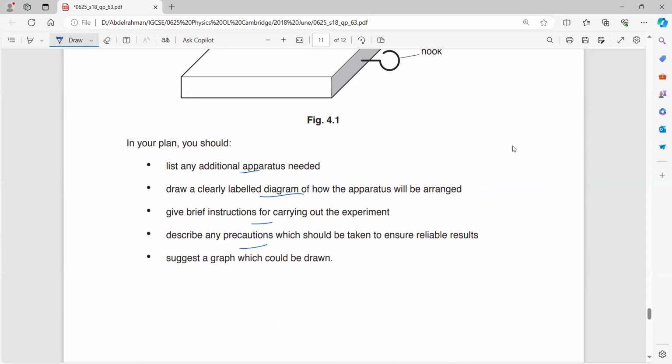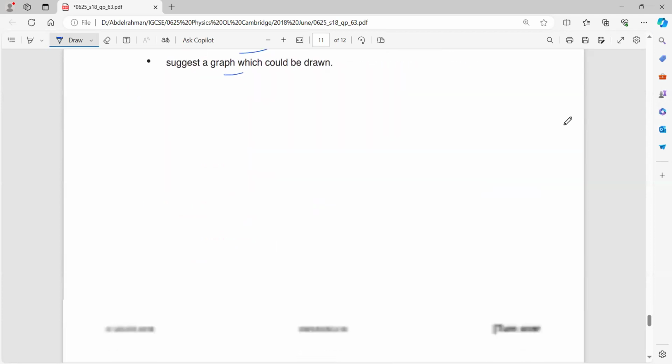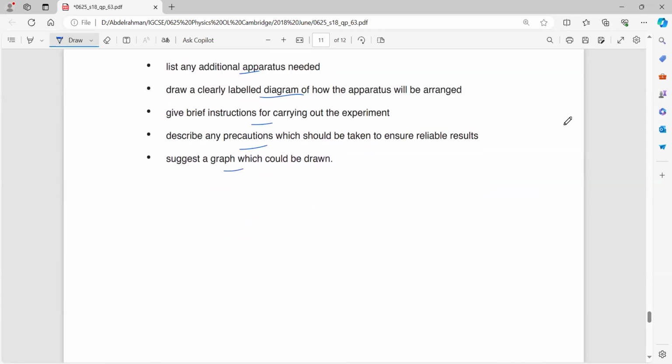Suggest a graph which could be drawn. Here he needs some quite different points from most of the other tests. But let's draw the diagram first and state the apparatus that we will be using. How do you think we should draw this diagram?